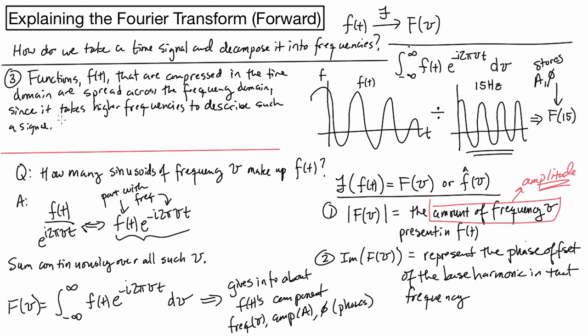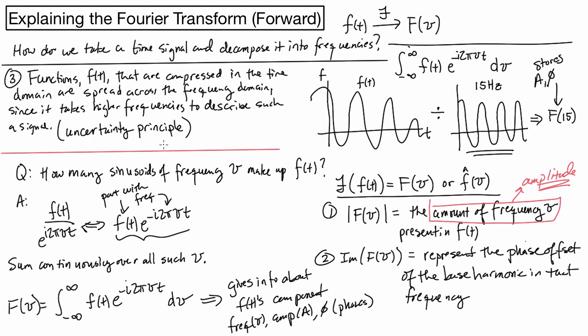This phenomenon is called the uncertainty principle. If you've heard that described before, this is a principle that is applied to the fact that what happens in the time domain and what happens in the frequency domain are fundamentally sort of at odds with one another. And we're going to explore that idea thoroughly here in class over Fourier transforms, as well as on into when we do Fourier series.